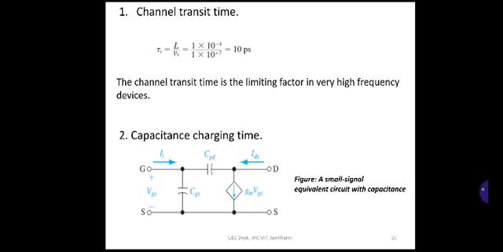Now if the capacitance charging time is the limiting factor, then the cutoff frequency is denoted by Ft.